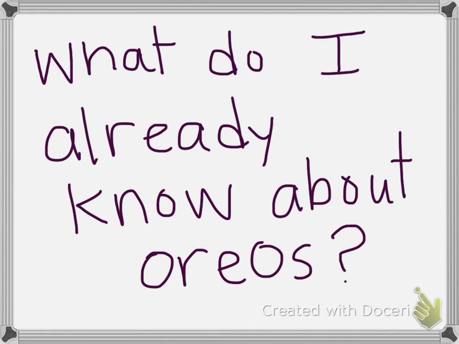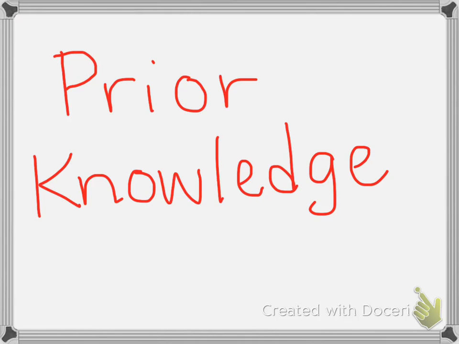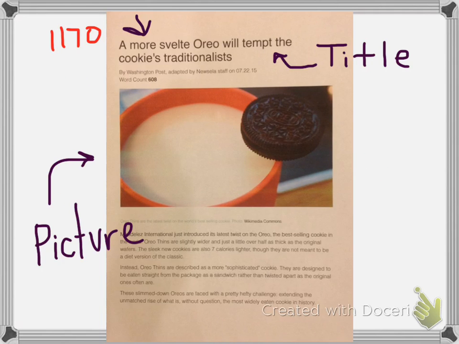That's called activating prior knowledge. Hey, I already know some things about Oreos. Now my brain is getting ready to read an article about Oreos. That's my prior knowledge.